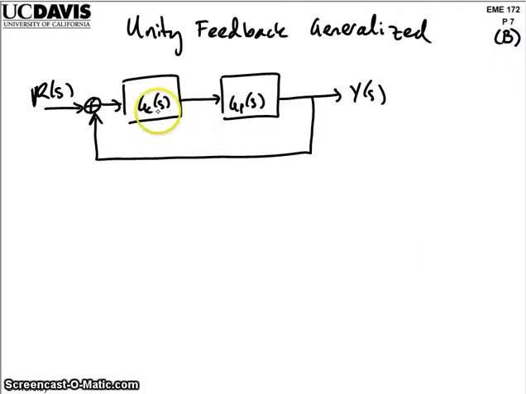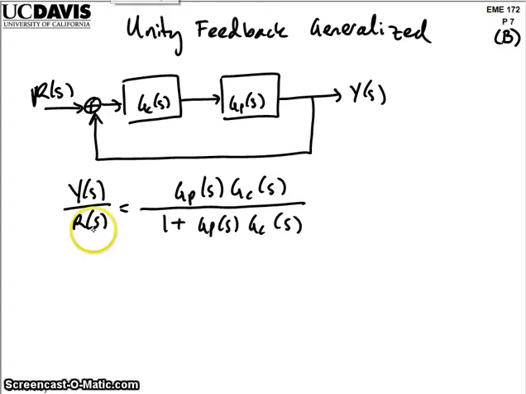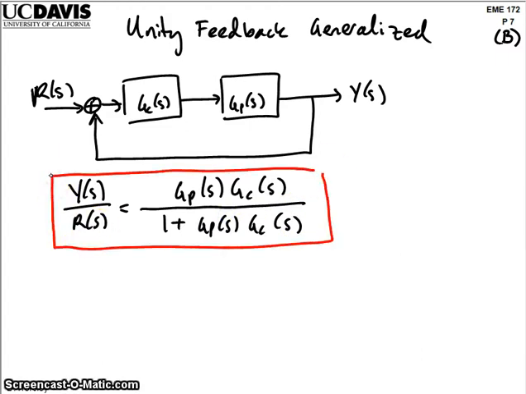I'm cascading GP and GC, so Y over R is equal to GP GC over 1 plus GP GC. This is the general form for unity feedback with a series or cascade controller.